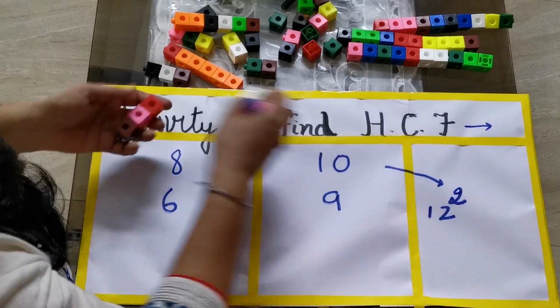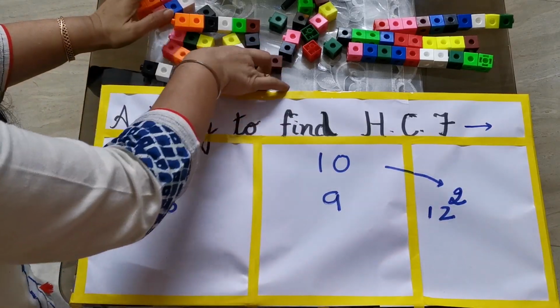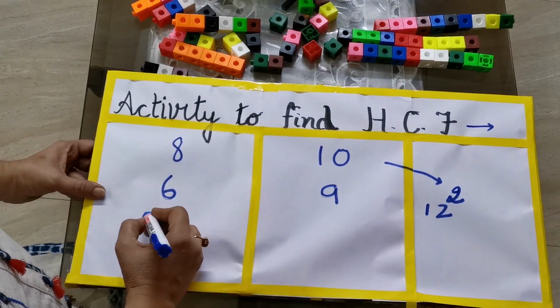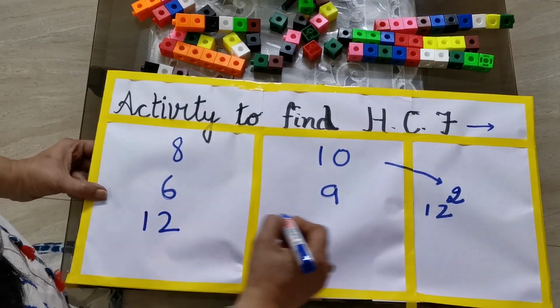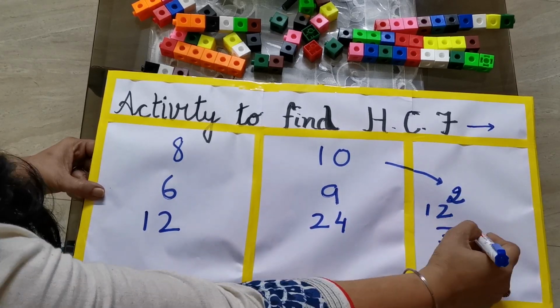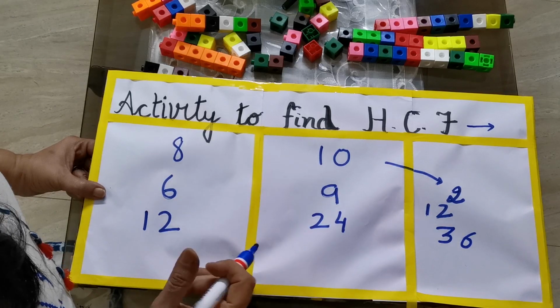Alright, and sometimes, children, what happens, we get numbers like 12, 24, 36. These are bigger numbers.